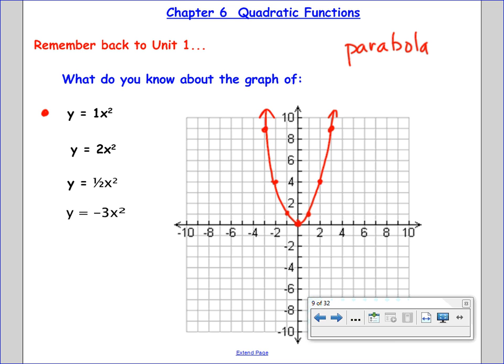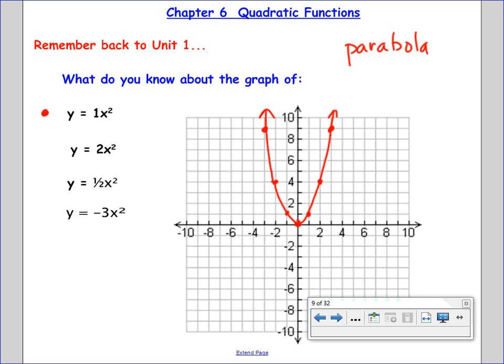Go ahead and raise your hand if you had the same description as Alec and Courtney. So wider, greater number, wider. Some of you not. What did you guys say for your description? Lucas? I just had it flipped around, that the larger the multiplier is, the steeper, and the lower it is, the wider.